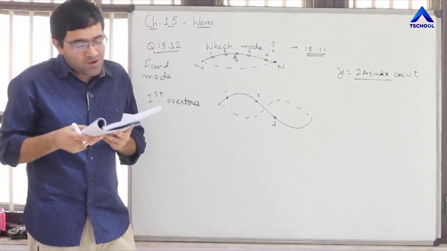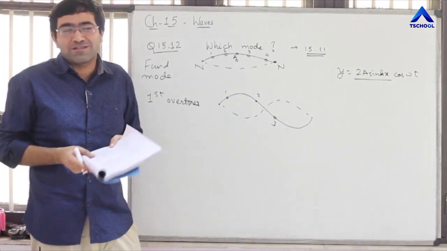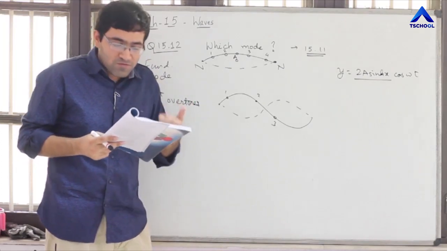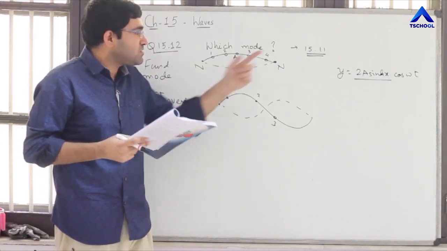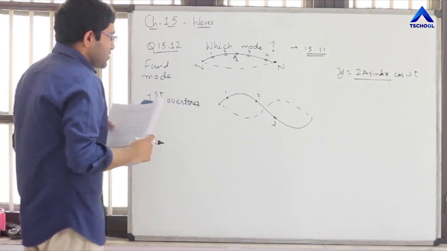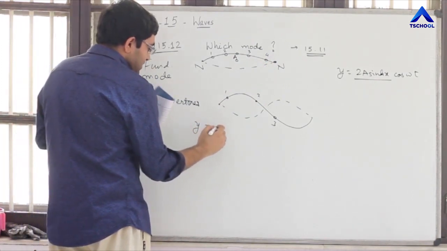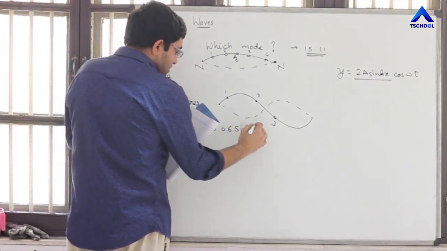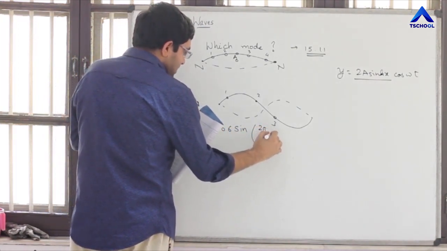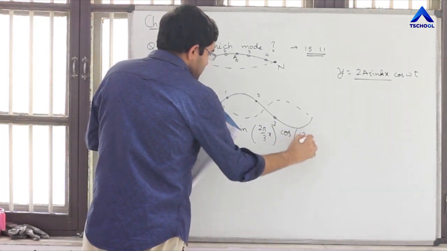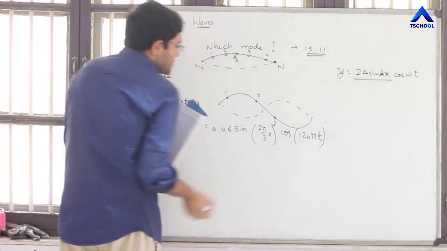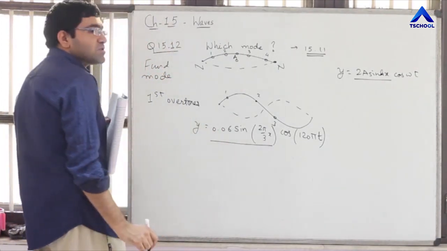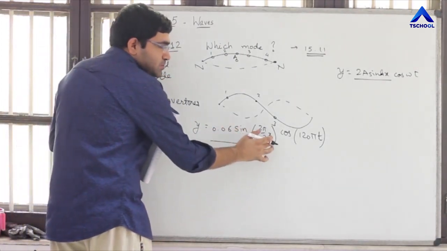It's all done. What is the amplitude of a point 0.375 meter away from one end? Again, we're going to refer to question 11, so I'm going to write down the equation again. The equation for question 11 is y is 0.06 sine 2 pi by 3 x cos 120 pi t. The first thing is to identify the amplitude. This is the amplitude, and again, amplitude depends on position.